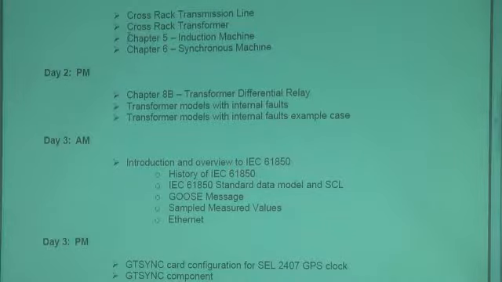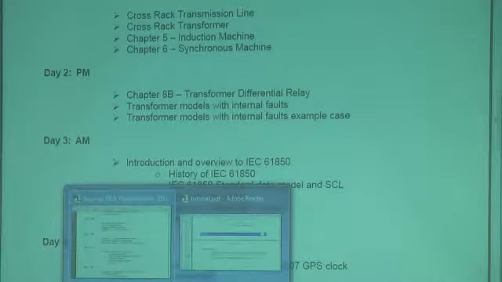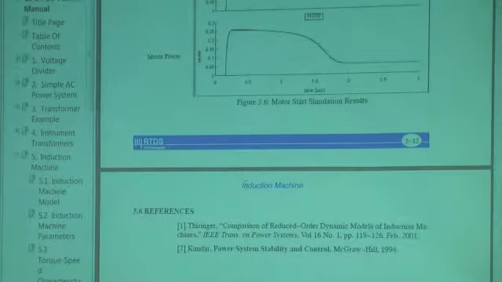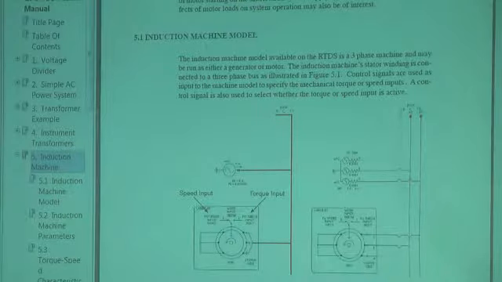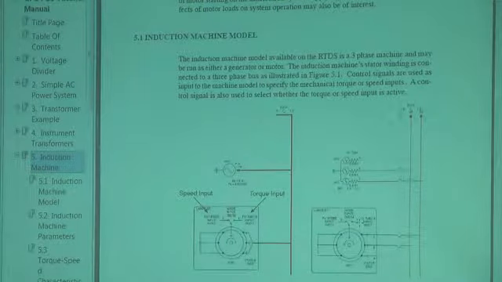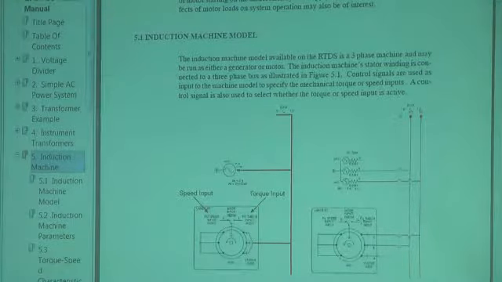So if everybody can go to Chapter 5 in the tutorial. We have an induction machine model that is three-phase, and you can operate this induction machine as a generator or a motor, depending on whether you have positive or negative torque input, or greater than nominal speed, or less than nominal speed.